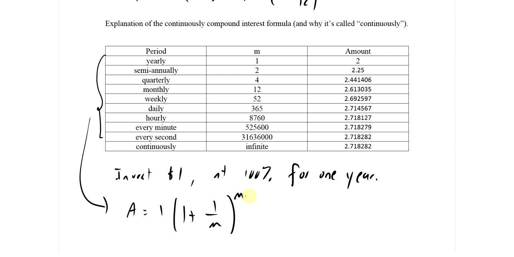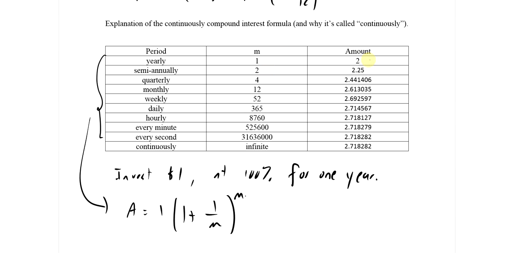So we'll just leave it as m. So 100%, that means r is 1, so that goes there. So we're looking at this number, and that gives you the amount. So if it's yearly, you end up with $2, right? If you're getting 100% interest paid once a year, then at the end of the year you get $2.